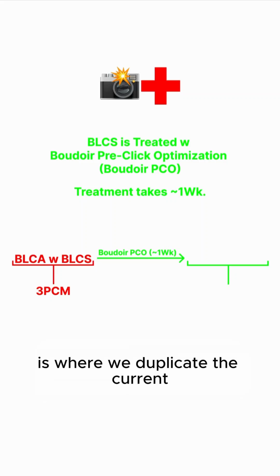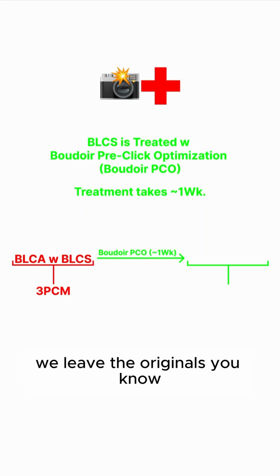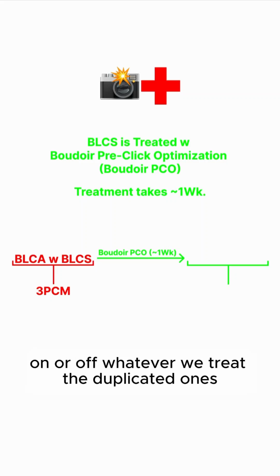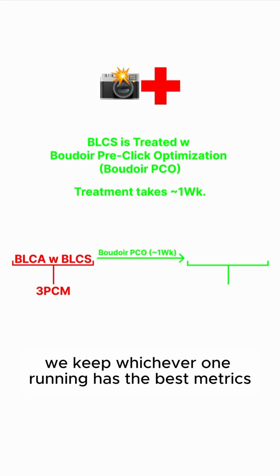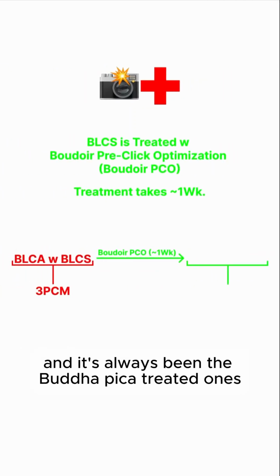This is where we duplicate the current Boudoir Facebook ads and we treat the duplicated ads. We leave the originals on or off, whatever. At the end of the week, we keep whichever one running has the best metrics, and it's always been the Boudoir Pico treated ones.